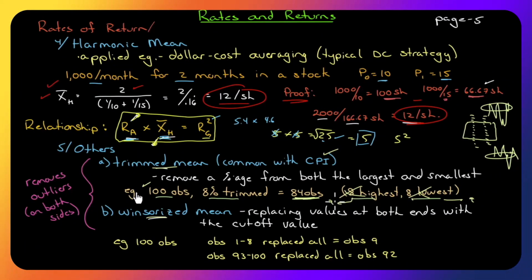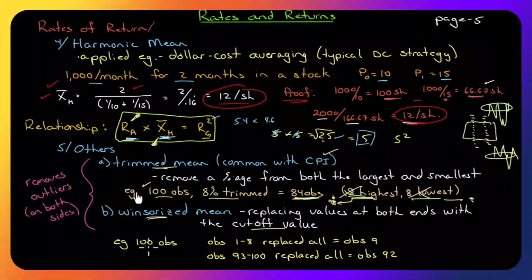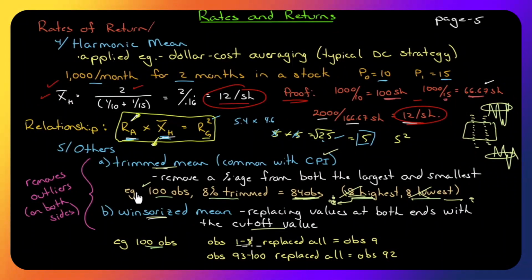So we're replacing values at both ends with the cutoff value. Again, with our 100 observations, observations 1 to 8 are all replaced and equal to observation 9. Observations 93 to 100 are all replaced with whatever the value of observation 92 is.